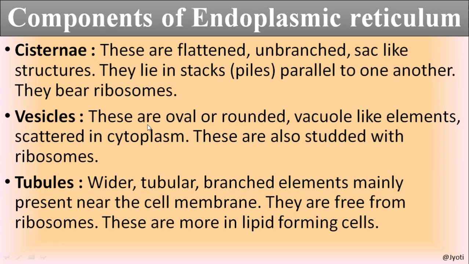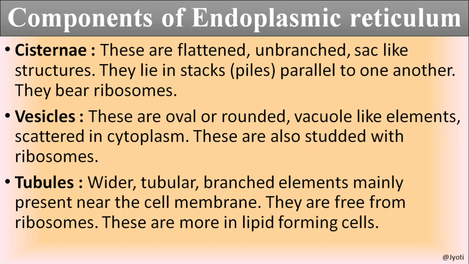Then vesicles. The vesicles are oval or rounded vacuole-like elements. They are scattered in the cytoplasm. Then tubules are wider tubular branched elements mainly present near the cell membrane, and they are free from the ribosomes.